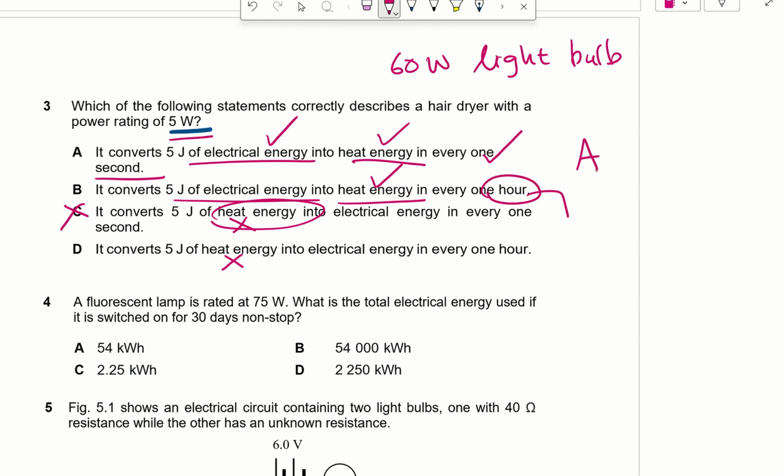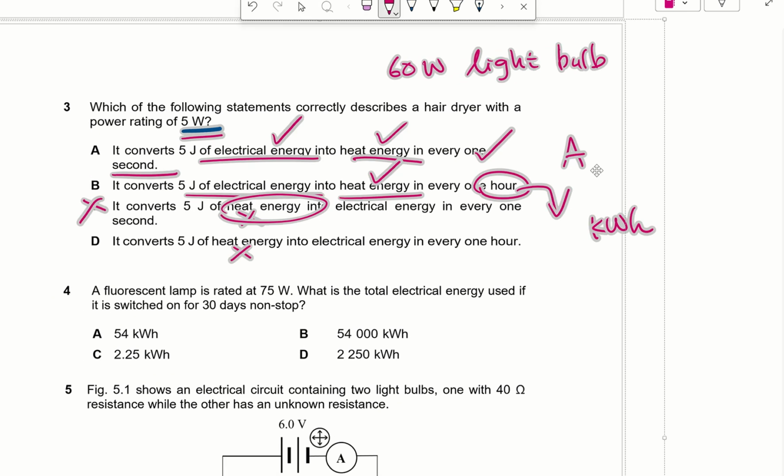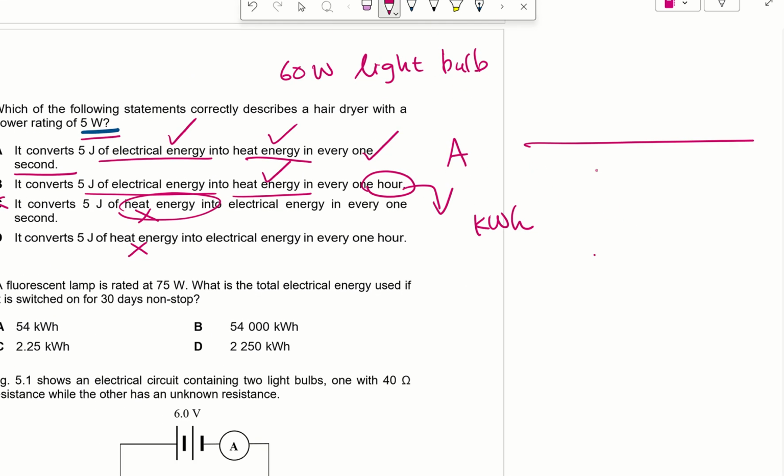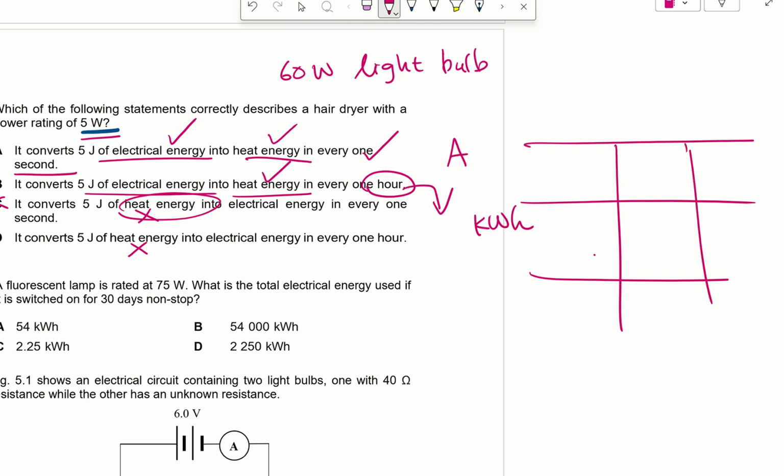When do we use hour? Okay, when you are calculating kWh. Okay, when you are using kWh, which is energy, let me do a very quick grid here. Okay, when we are calculating energy in joules, right?